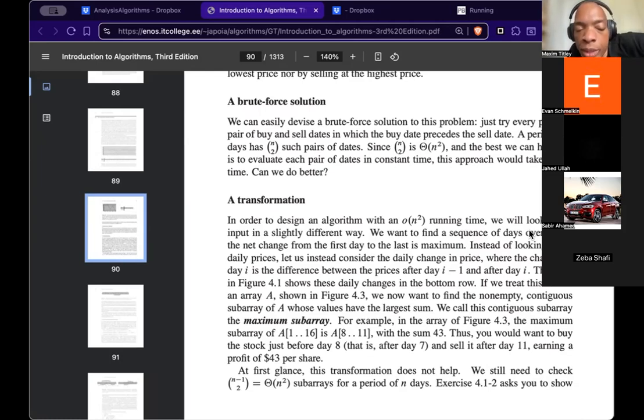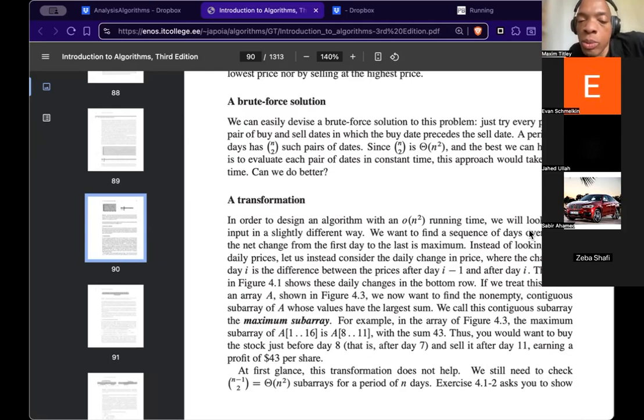So now here they're talking about something called transformation, in which we do something different in trying to figure out the maximum subarray. Okay, so in order to design an algorithm that is better in its running time, we'll look at the input in a slightly different way.